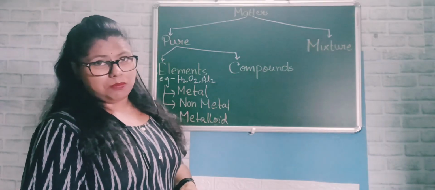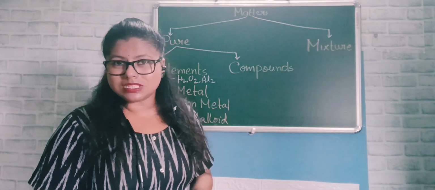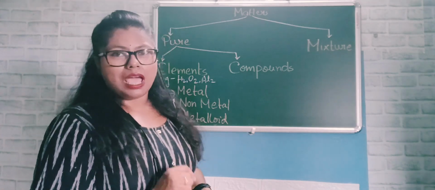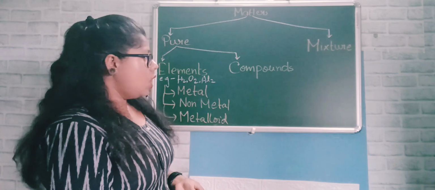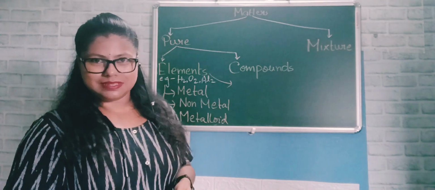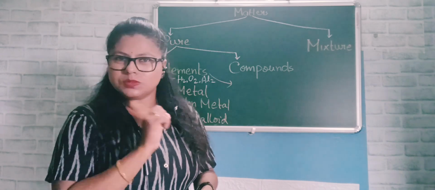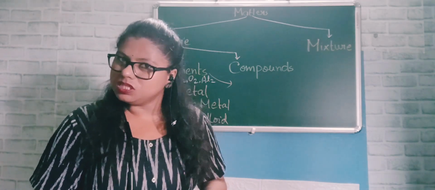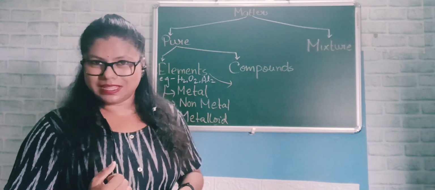Now we will be talking about compounds, our next topic. Compounds are again a type of pure substance, because when elements combine chemically in a fixed proportion, they form a new substance which is called a compound. Let's take an example.